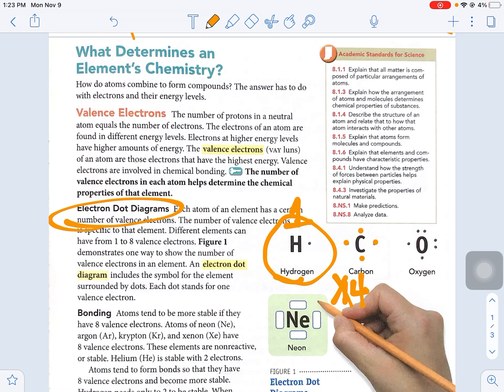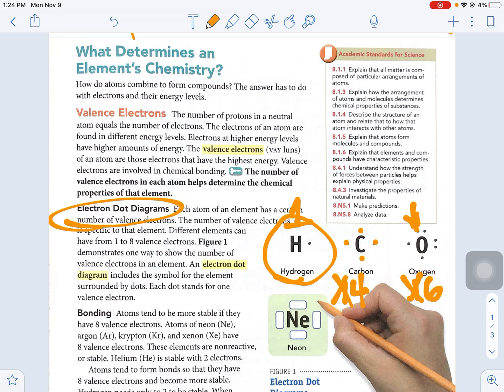Oxygen right here, we know that is found in group 16 if we're looking at the periodic table. Well, in valence electron terms, you are going to drop that teen off, so that means it has 6 valence electrons, and you start here in position 1 with the first dot, and then you kind of go around. If there isn't enough to double up, you just keep going around.